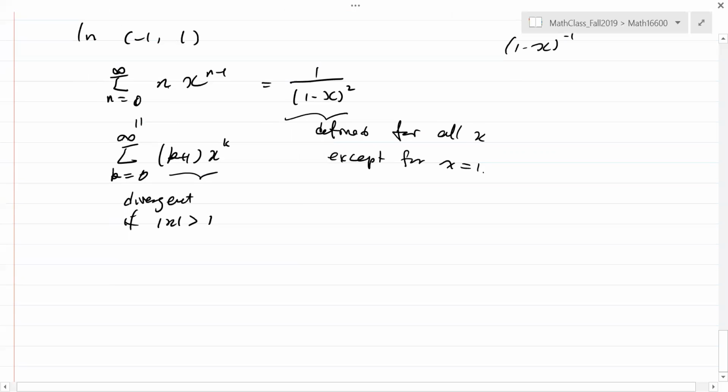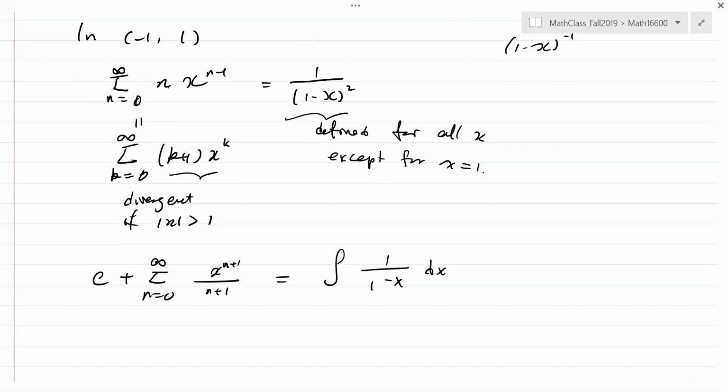We integrate. We get x to the n plus 1 over n plus 1, which is going to be the integral of 1 over 1 minus x, dx. So the antiderivative will be not just the natural log. We assume x is close to 0, because x is between negative 1 and positive 1.